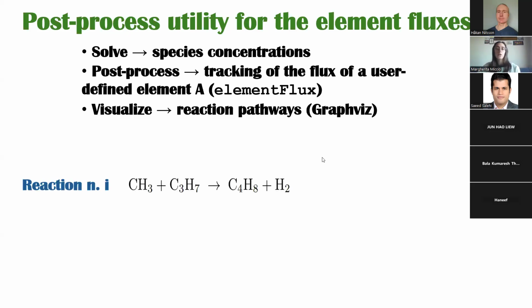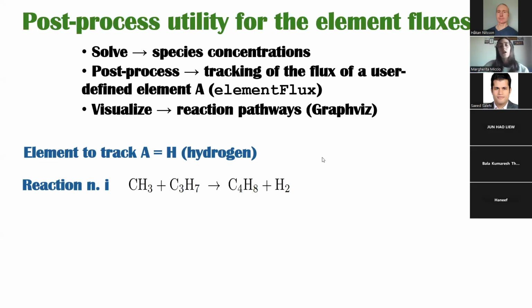At this point, let's consider this equation. This is one of the equations included in the reaction mechanism of the simulation. And we decide to track the hydrogen atom in this case.